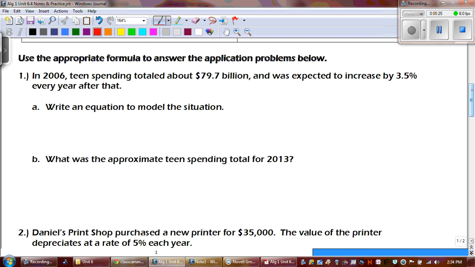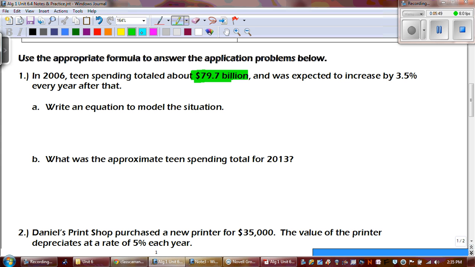So it says to use the appropriate formula to answer the application problems below. In 2006, teen spending totaled about $79.7 billion and was expected to increase by 3.5% every year after that. So let's see.